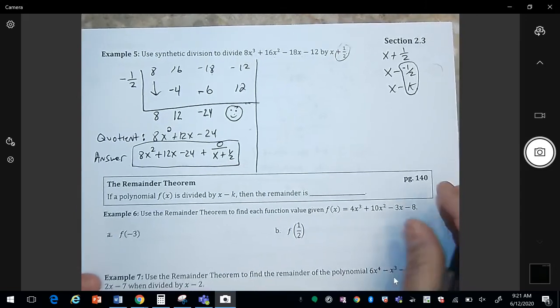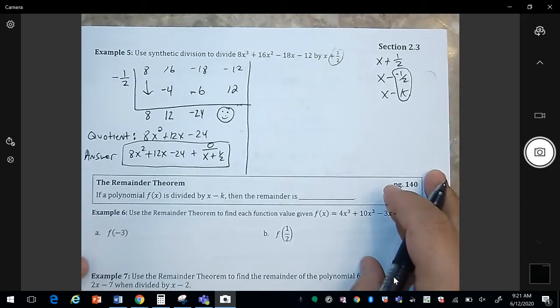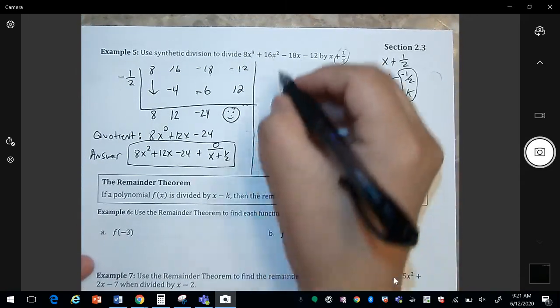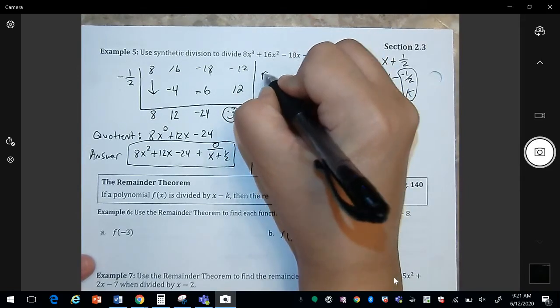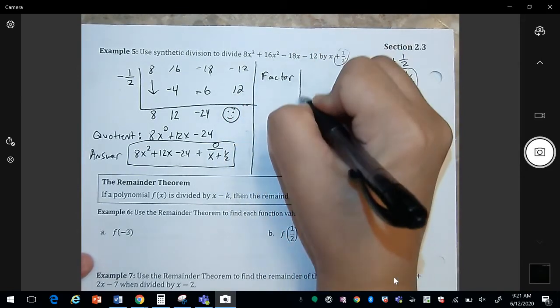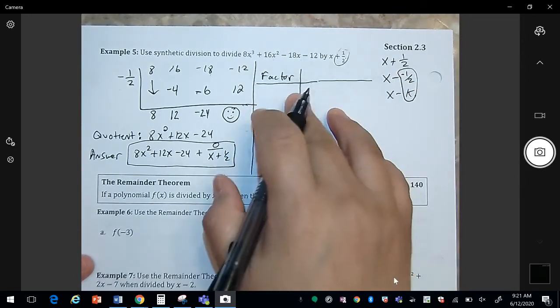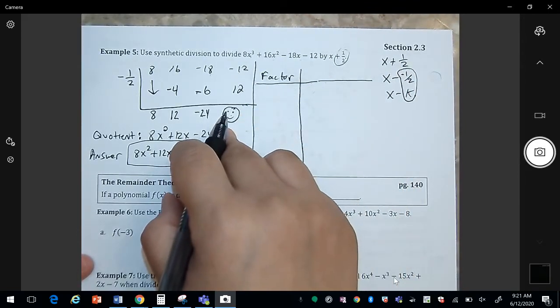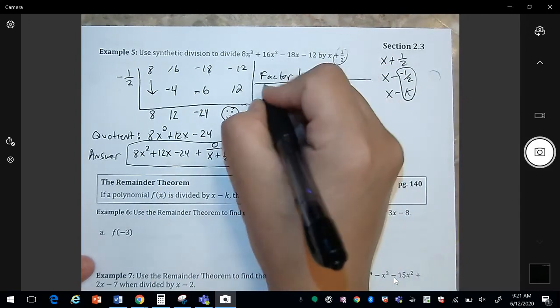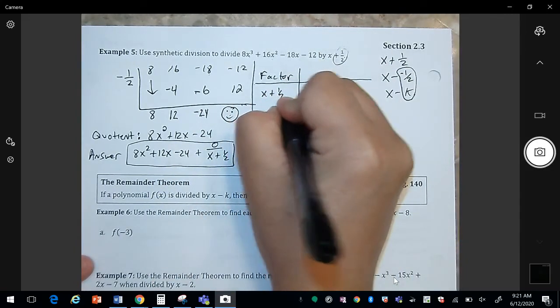Since we got remainder of 0, then that helps us to find our zeros. So what I can do here is I can write my factor. So recall from the first example, if you get remainder of 0, that means that your divisor, x plus a half, is a 0.